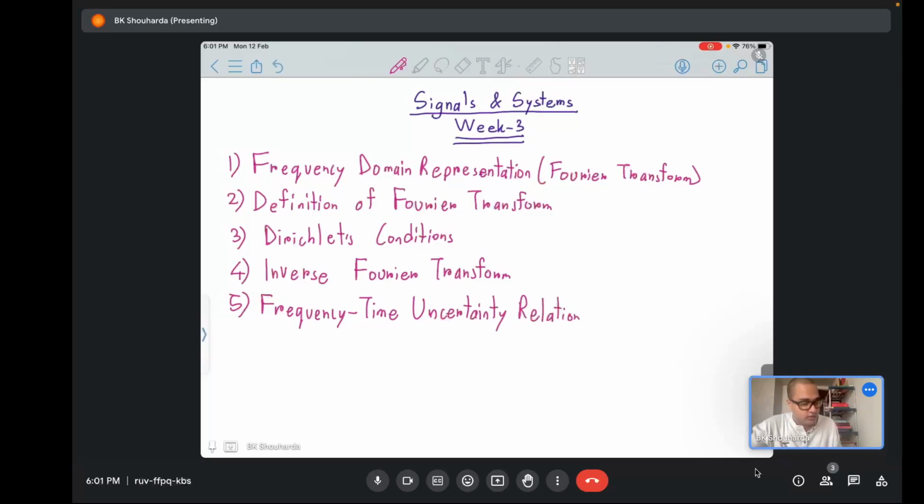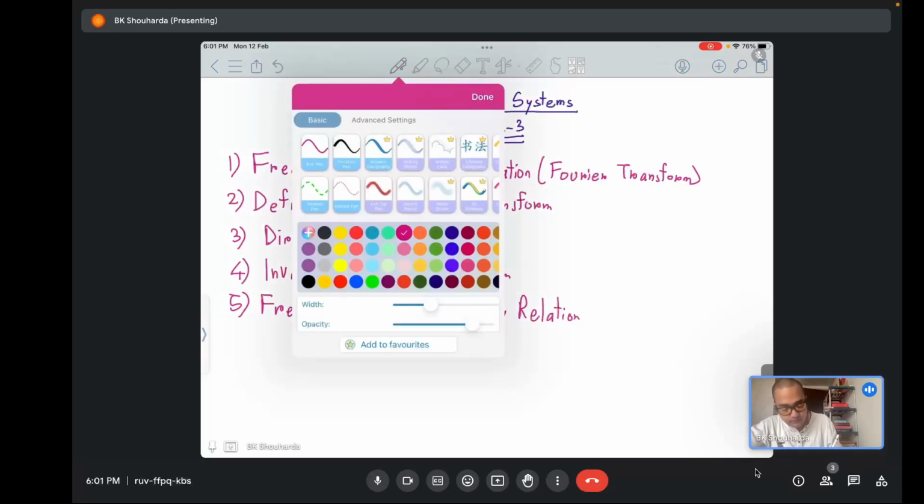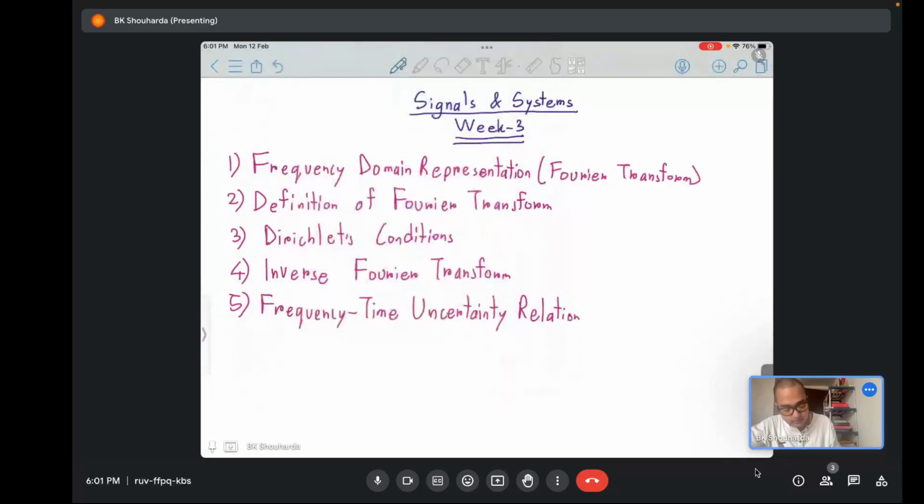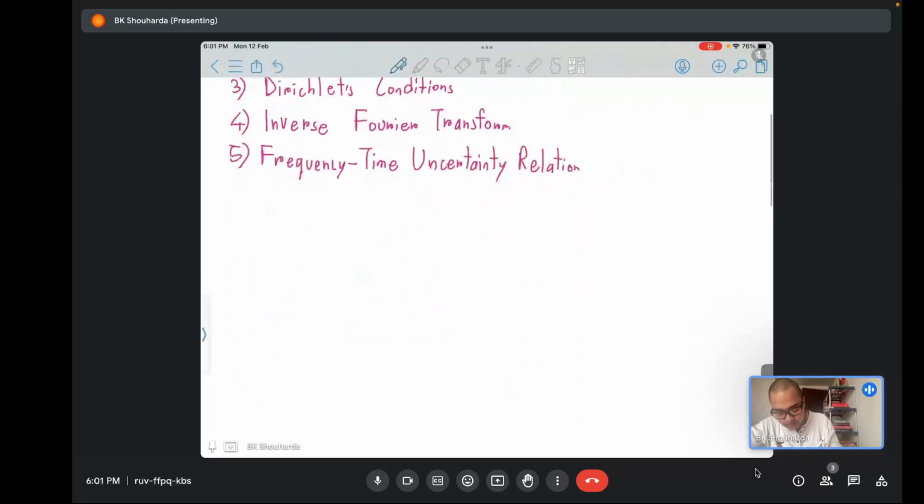Okay, so let's do a brief revision of the topics. What was the definition of the Fourier transform? If we have a signal x of t, we denote its corresponding Fourier transform by X of capital omega.